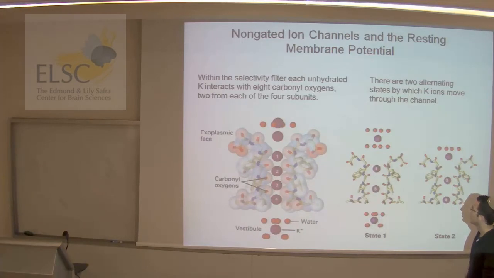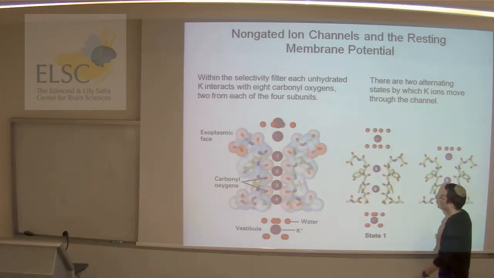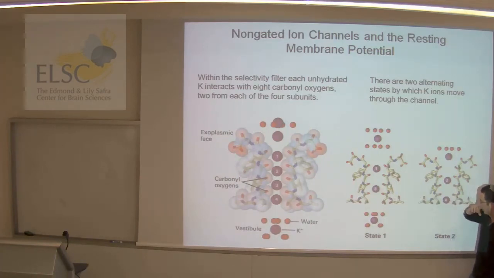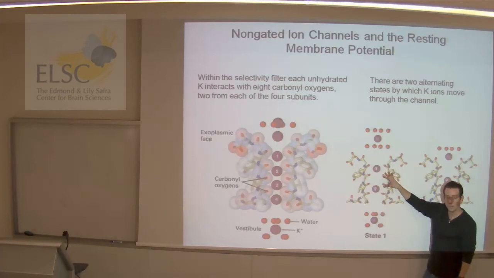Now this channel passes plenty of ions in any given second, as we saw. More specifically, when plenty of ions pass through this channel, they do so with 2 alternating states, because each potassium ion has to have 8 interactions for it to be stabilized.